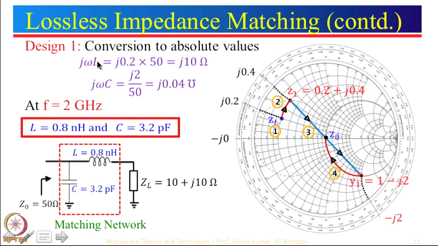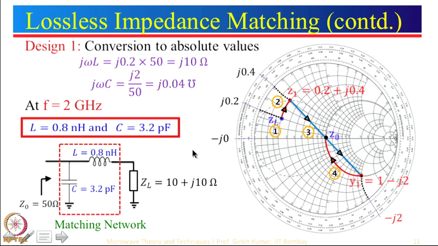You substitute that value and then calculate the value of L from here, C from here, and that comes out to be L equal to 0.8 nanohenry and C equal to 3.2 picofarad. You can see that these are very small values of inductor and capacitor.